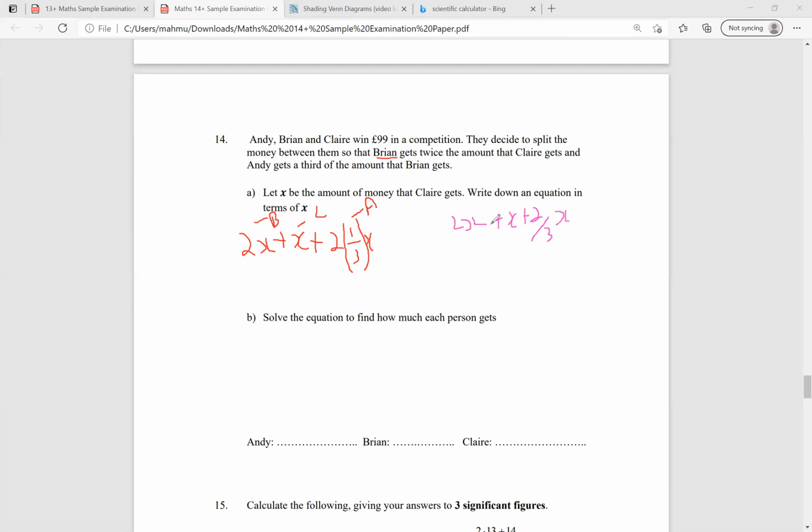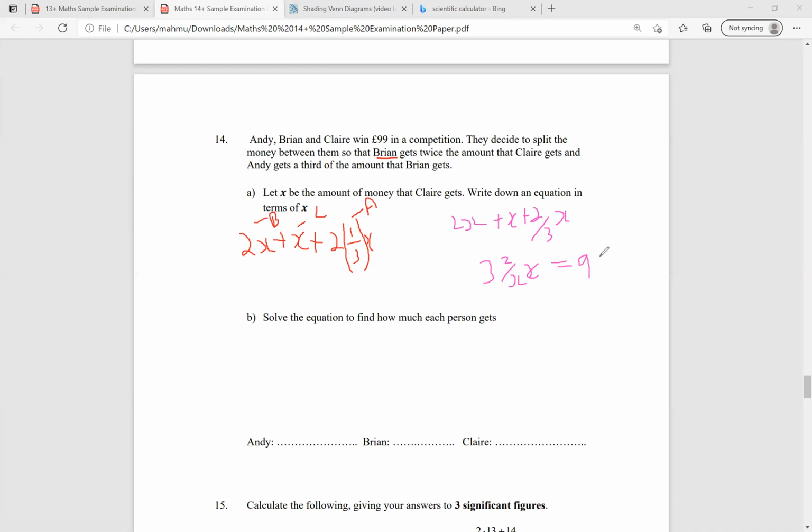If I add up all of them, I get 3 and 2 thirds x, which should equal 99 pounds.